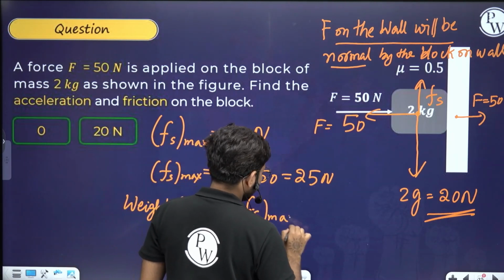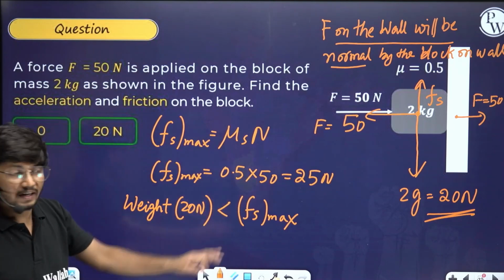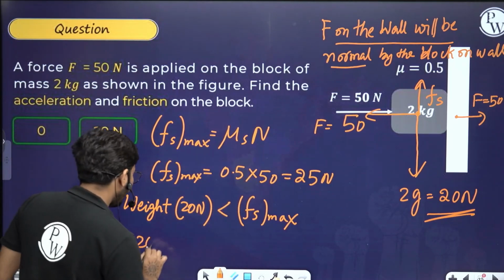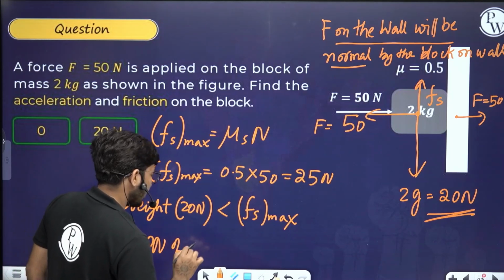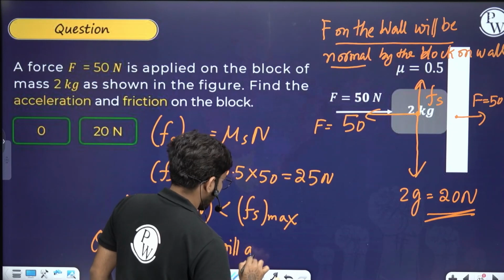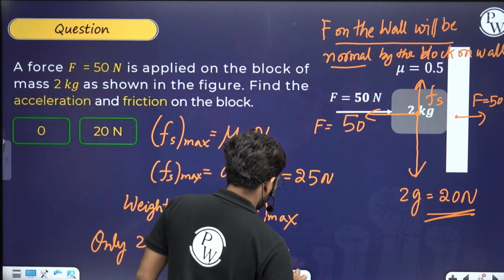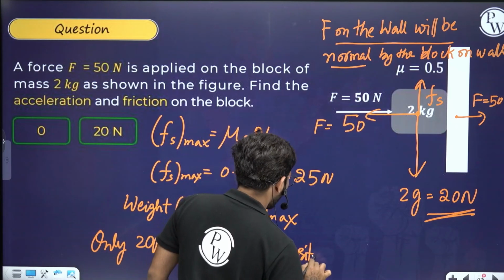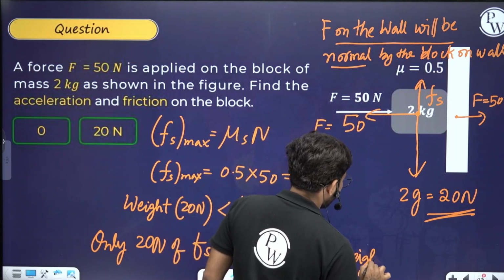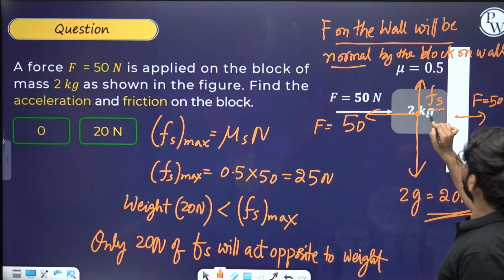So how much friction will act? Only 20 Newton of Fs will act opposite to the weight. That is why this is Fs.